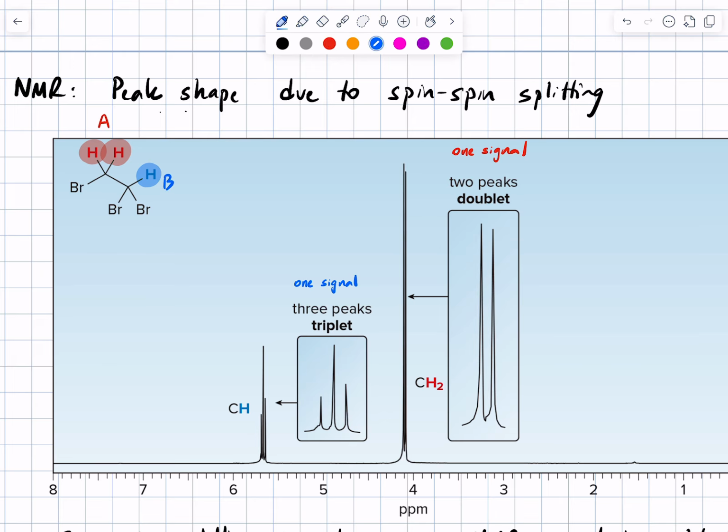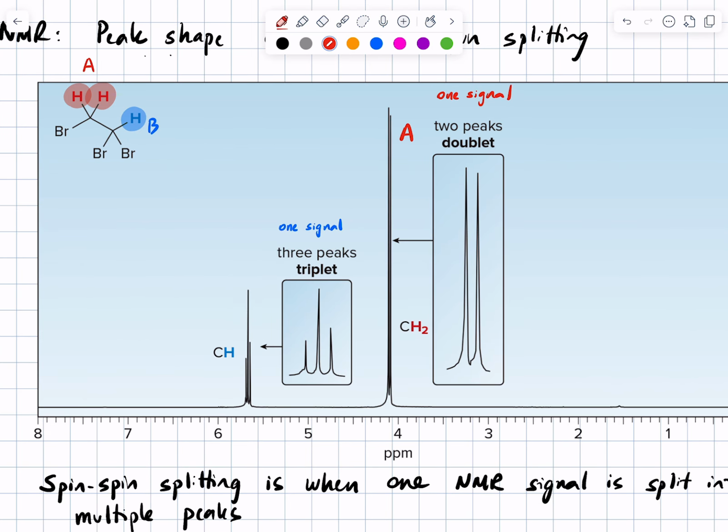And if you look at the signal for HA, it's one signal, but it's divided into 2 lines or 2 peaks. And this is called a doublet, and importantly, the area underneath those 2 peaks is a 1-to-1 ratio. The peak for HB is split into 3 lines.